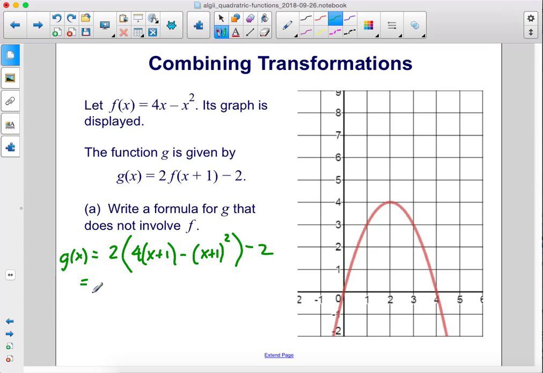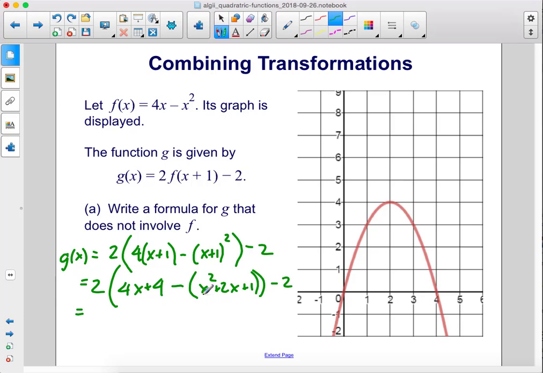So this equals 2 times, this portion here is 4x plus 4 minus, we'll use FOIL to figure this out, that's x squared plus 2x plus 1, and then minus 2 at the end.